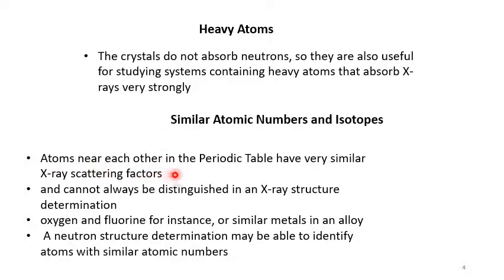Atoms near each other in the periodic table have a very similar X-ray scattering factor, and cannot always be distinguished in an X-ray structure determination, because their peaks will overlap. So they cannot be studied through X-ray diffraction analysis.